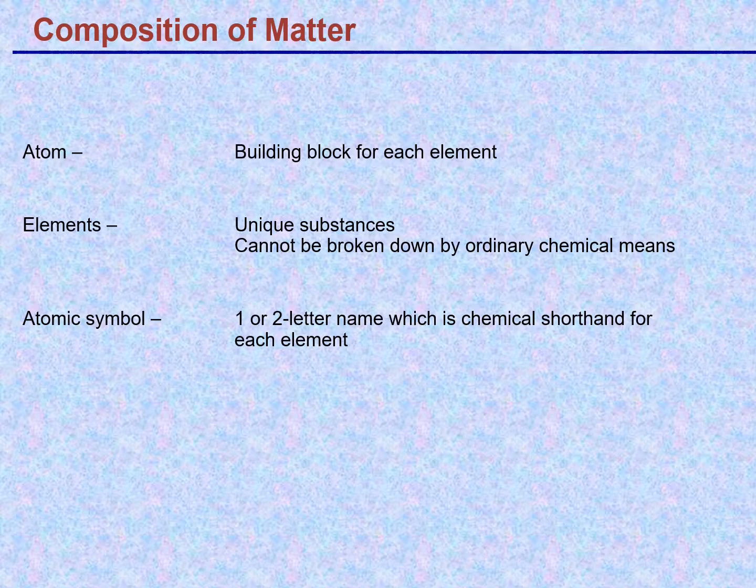They cannot be broken down by ordinary chemical means. The atomic symbol for each of the elements is a 1 or 2 letter name, which is a chemical abbreviation or shorthand for each of the elements. Hydrogen, for example, is H, gold is Au, lead is Pb, sodium is Na.